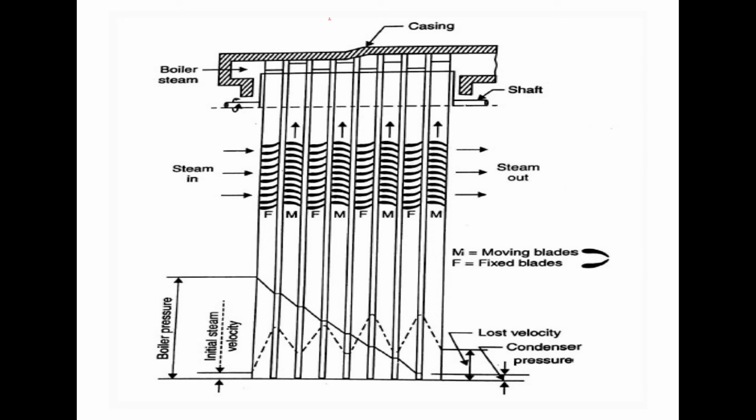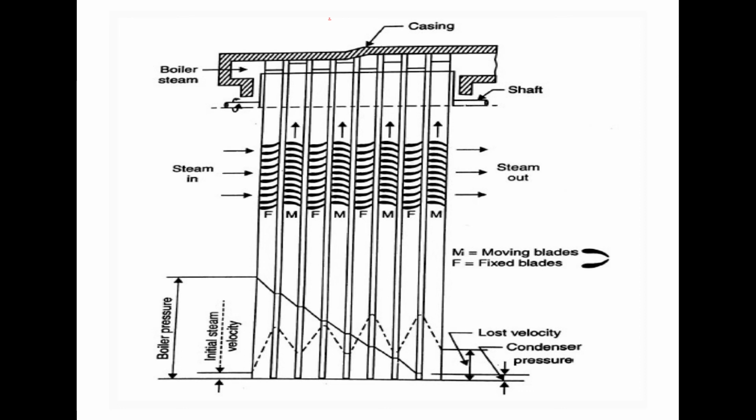This is the reaction turbine schematic diagram. This is the cross-sectional view of a reaction turbine, in which we see the casing, boiler steam entering and exit, and the shaft position. Here you can see the F and M notation: moving blades are represented as M, fixed blades as F. Boiler pressure is initially higher while the initial steam velocity is low.